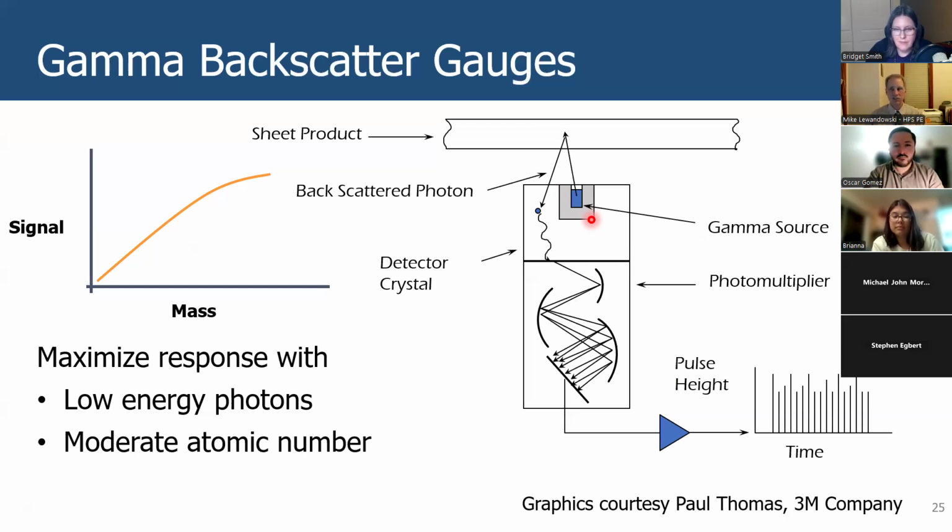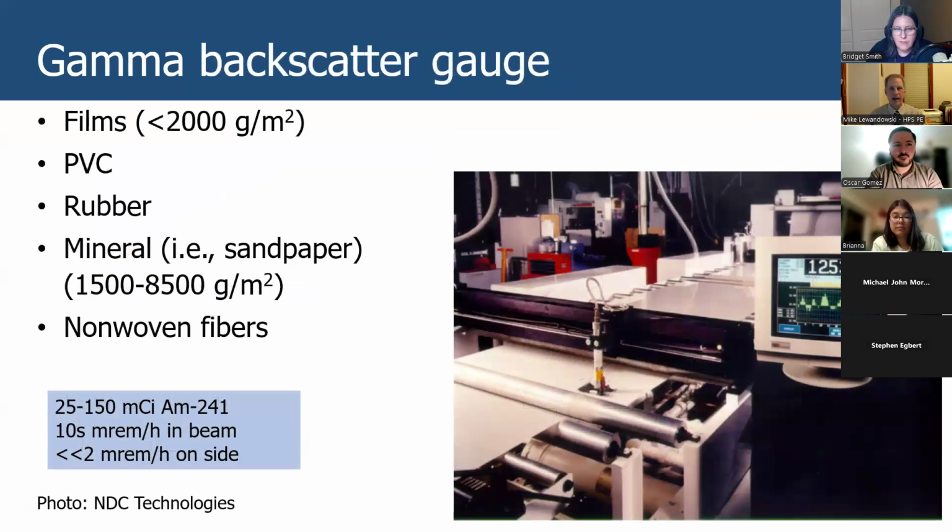So this is a situation where we can do one-sided measurement, and these gamma backscatter gauges do a great job in measuring the thickness of coatings or extruded material that are too thick for beta gauges to measure well.